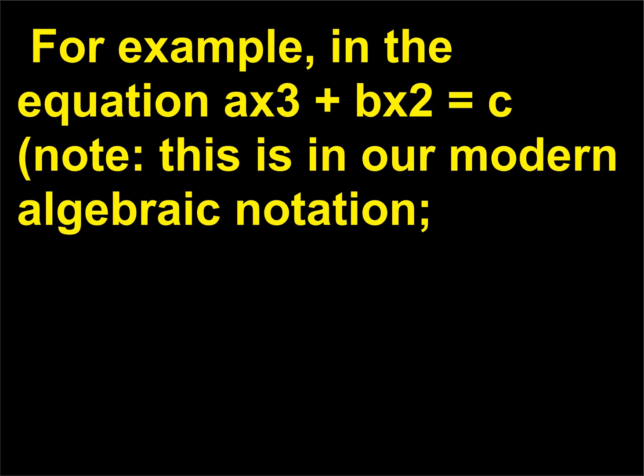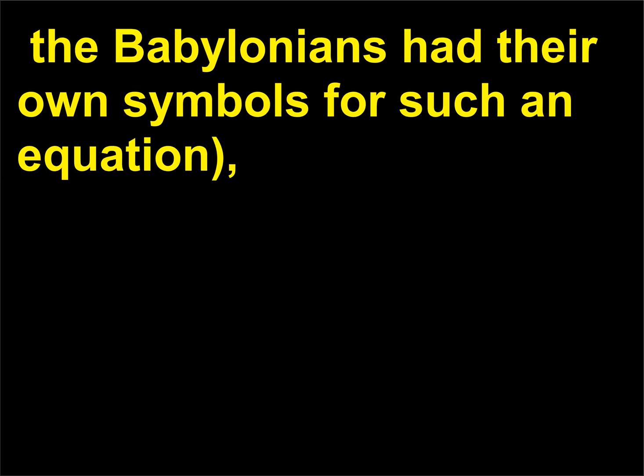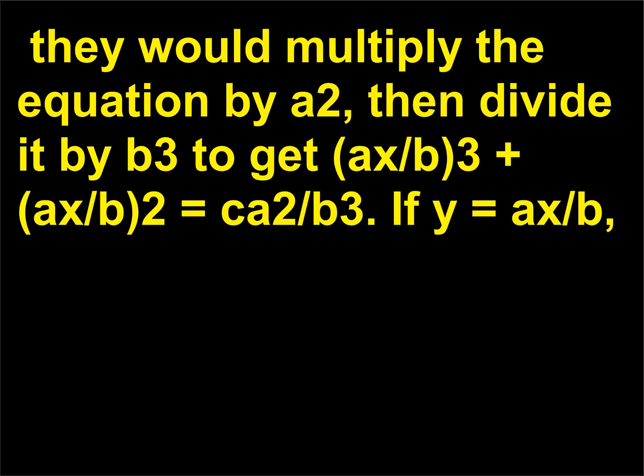For example, in the equation x³ plus bx² equals c, note, this is in our modern algebraic notation, the Babylonians had their own symbols for such an equation. They would multiply the equation by a², then divide it by b³ to get (x/b)³ plus (x/b)² equals ca²/b³.